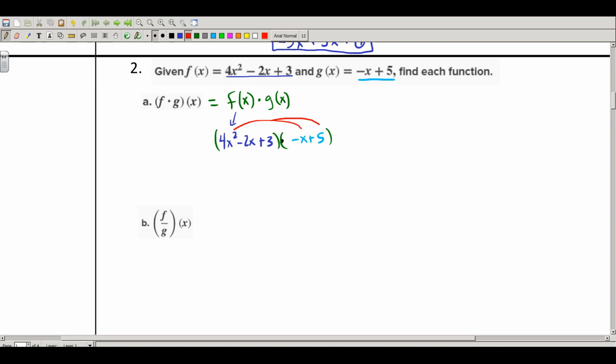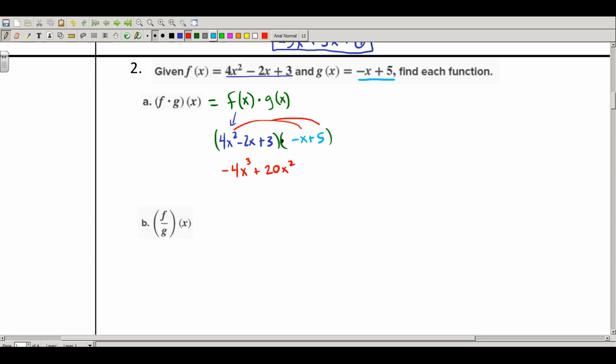Remember, when we multiply any two terms, if they have the same variables, we're going to add the exponents. So 4x squared times negative x, that's going to be negative 4x cubed. Then we're going to take 4x squared times 5, so that's going to be plus 20x squared.